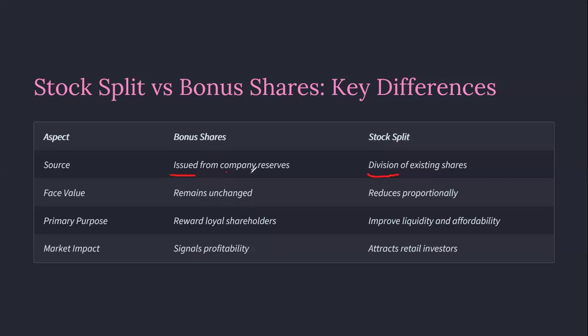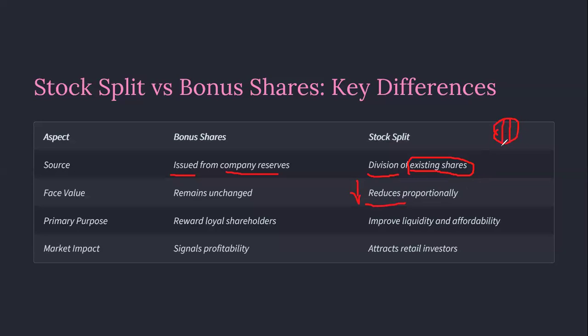Bonus share utilizes company reserves, but in case of stock split, I adjust against the available share prices. So utilization of reserve is not necessary for stock splits, whereas utilization of company reserve is applicable when I give bonus shares. In stock split, I will generally reduce the value of shares, because whatever the value of the share, I'm going to cut it.